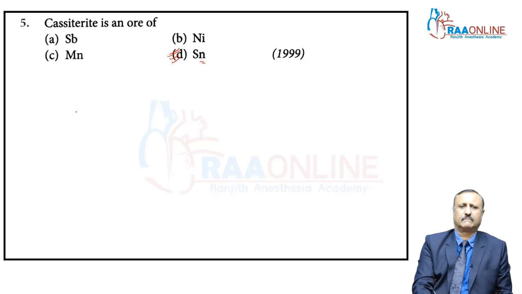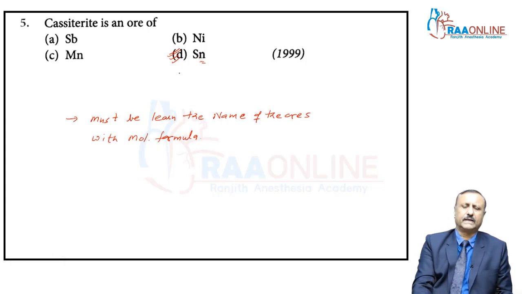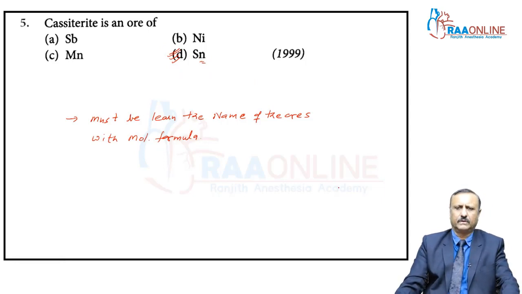I advise you to learn the names of the ores with their molecular formulas, and I am giving you the name of the cassiterite ore, as well as hematite, magnetite, and some other important ores in this lecture.